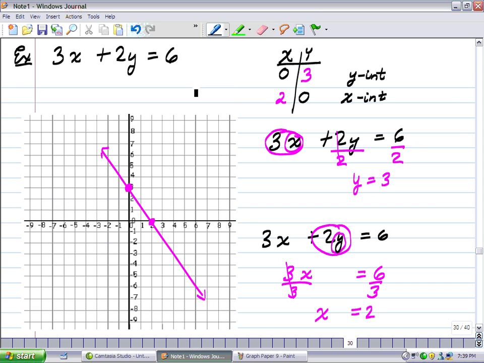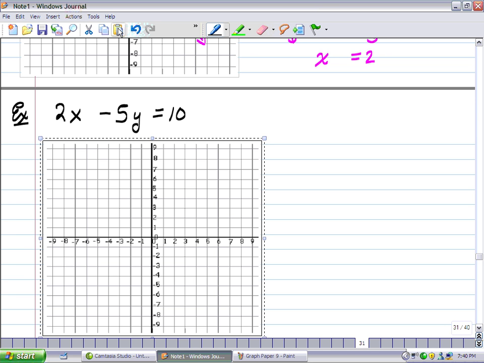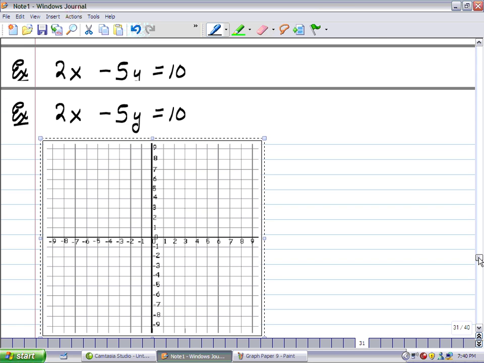Why don't you try 2x minus 5y equals 10. Pause this and then come back and see if you've done it correctly.